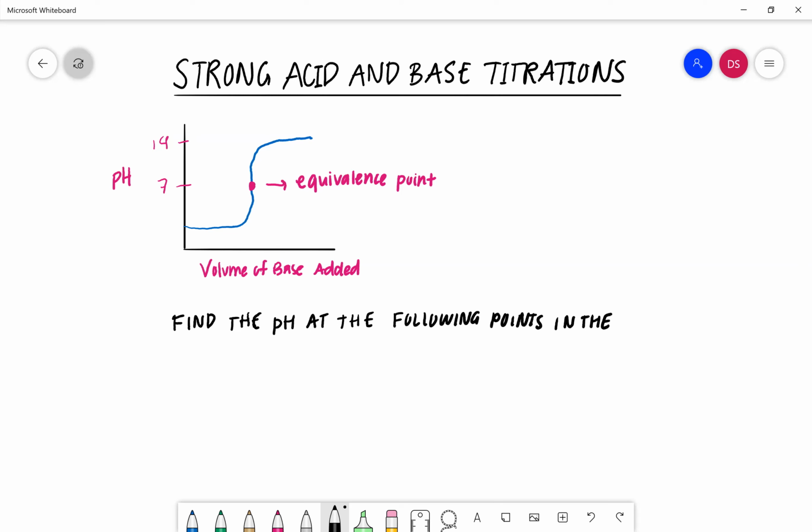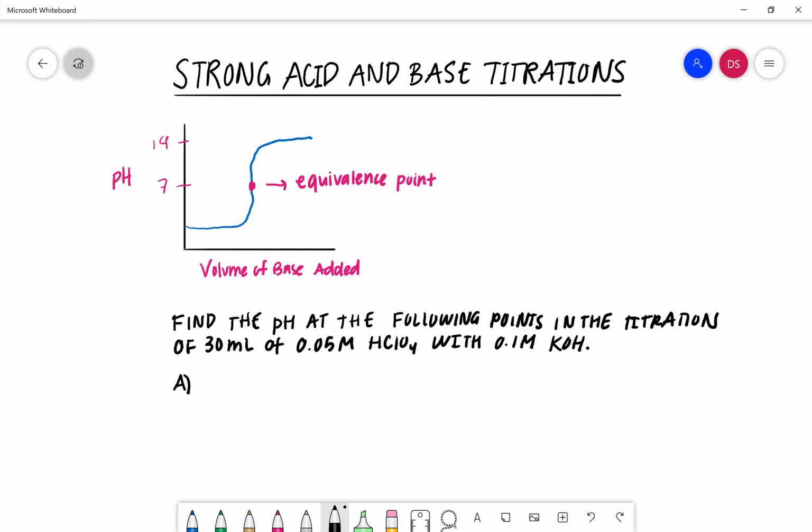In the titration of 30 milliliters of 0.05 molar perchloric acid with 0.1 molar potassium hydroxide. So the first thing we're going to do is calculate what would be the pH before adding any base, in this case potassium hydroxide.